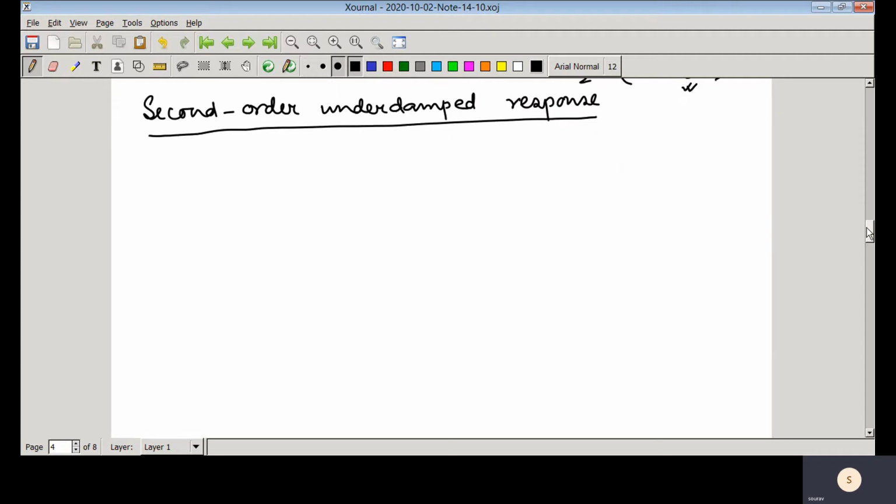So here first we draw the time axis, and here you have the output y(t), and we have applied a unit step command.